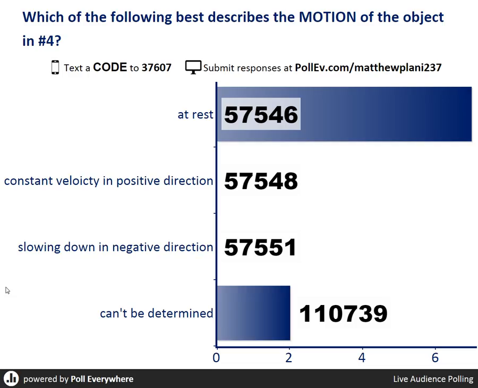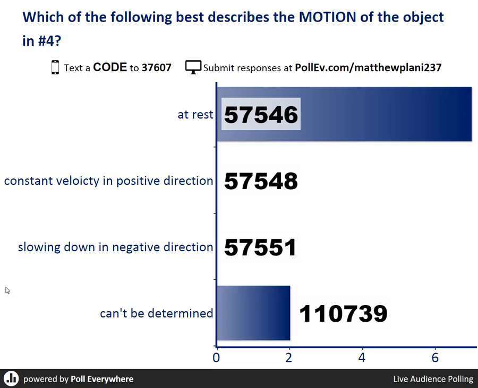At rest is something not changing, but also constant velocity in the positive direction is also no change or no acceleration. From a force standpoint, we can't really tell the difference between an object at rest or an object moving with a constant velocity, because Newton's first law says those are exactly the same. They're both an object not changing or not accelerating.